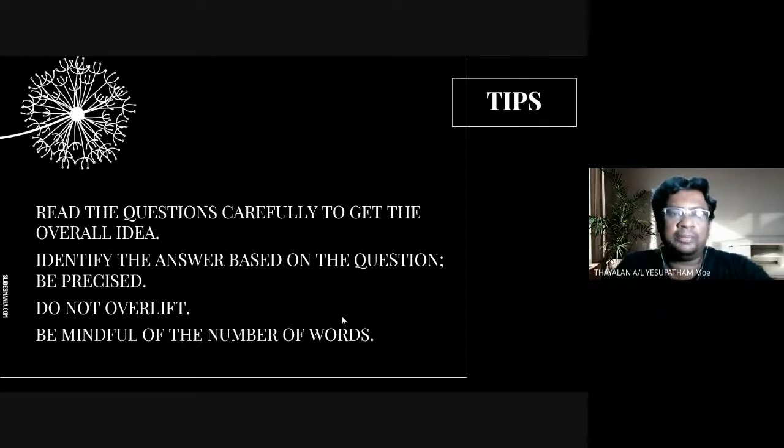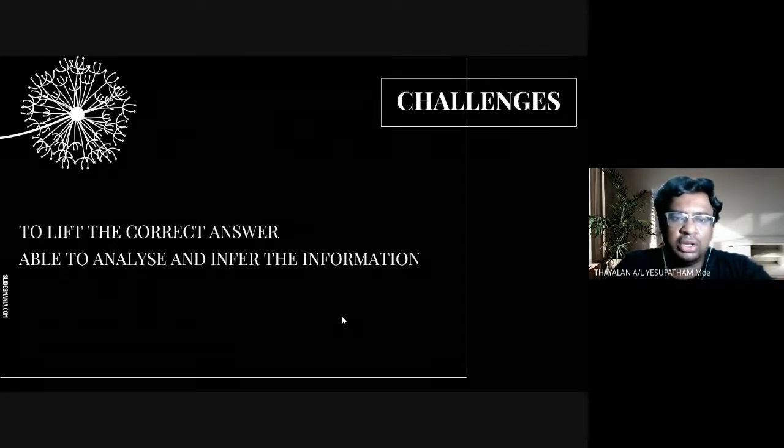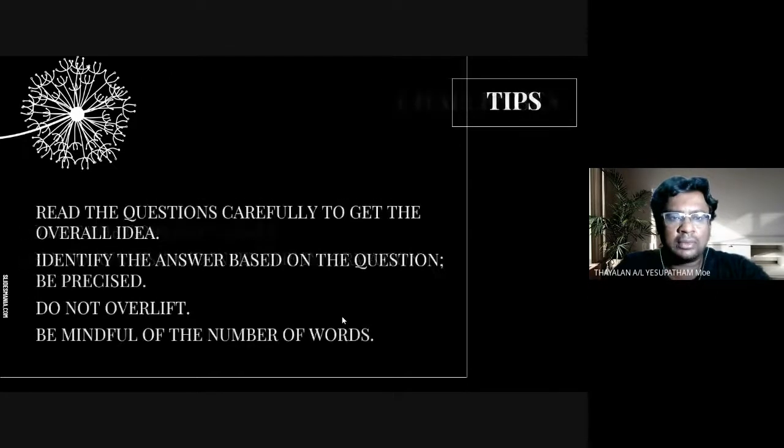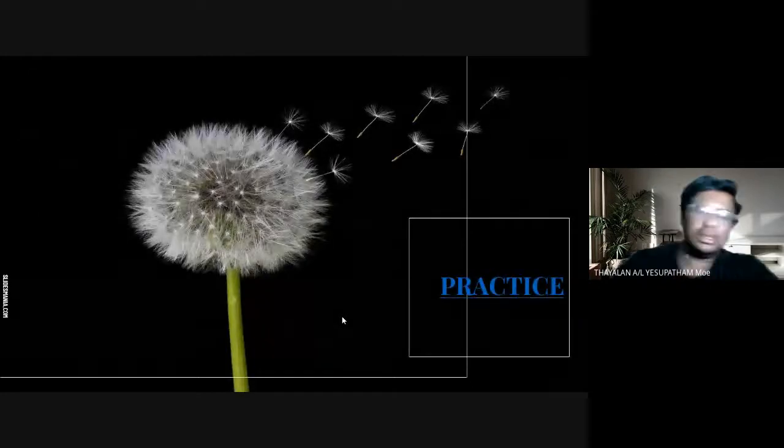Don't do that. Okay? Do not overlift. And then be mindful. Be careful of the number of words. So always remember that your answer has to be no more than 3 words and or a number. Always remember that.